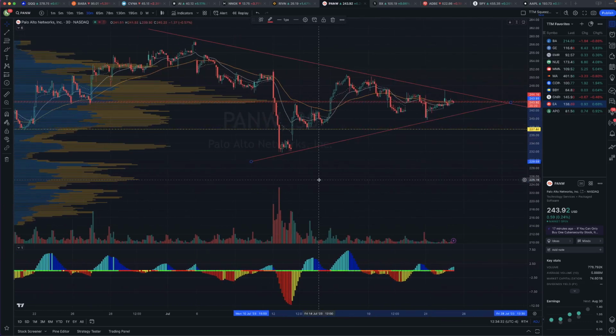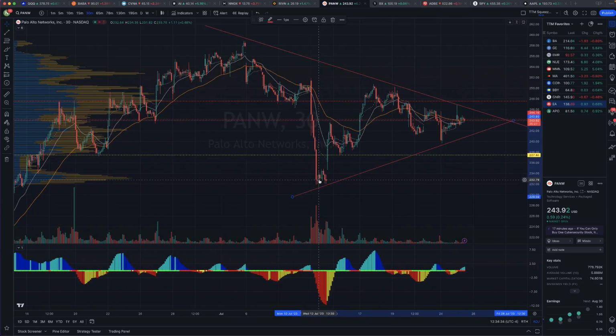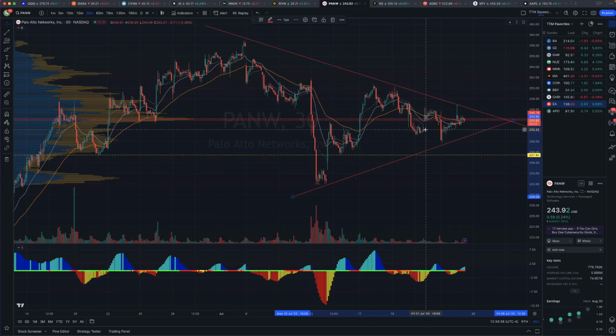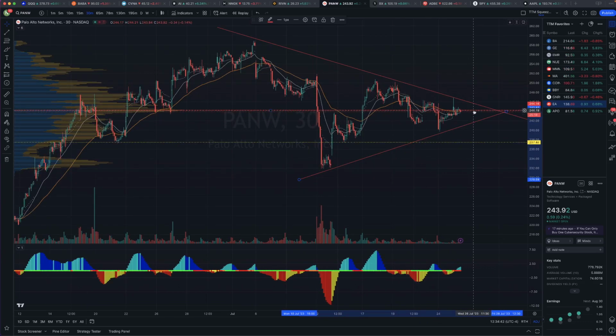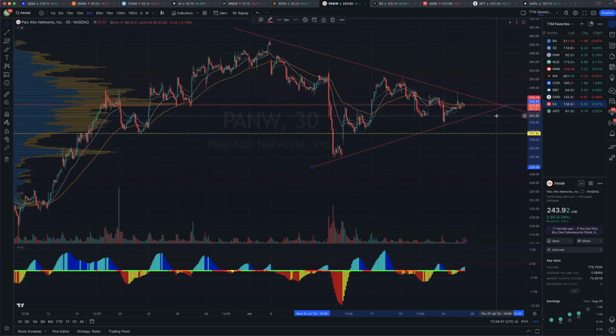Where would I want? I think I would look for an entry. I mean, we could pick it up here. I'd love an entry off of sort of this lower trend line of the pennant, maybe around there. Oh, that wasn't the one I was trying to use.